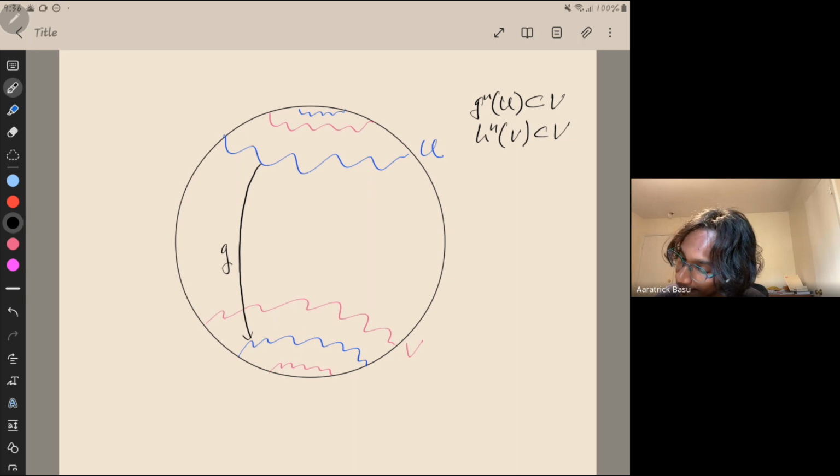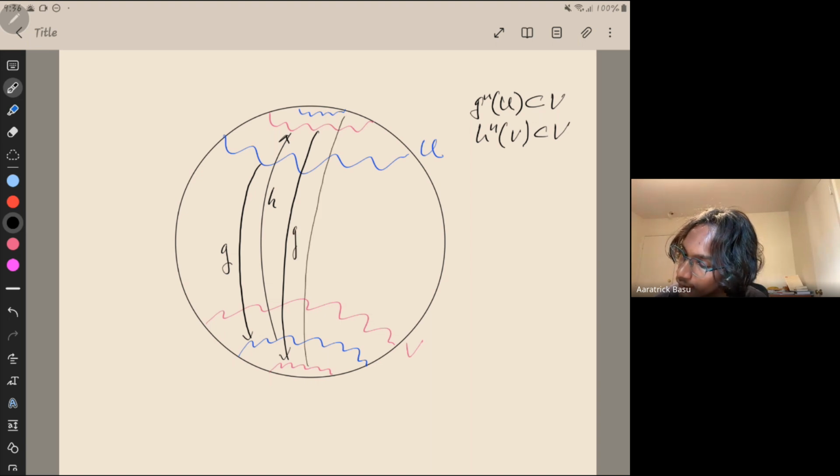Now, if you hit it with H, you get something here. And then if you hit it with G again, you go here. And if you hit it with H again, you go here. So every time it penetrates deeper and deeper into the original two sets U and V. Of course, this is a pictorial representation, and this need not happen literally, but this is how you should try to understand this condition.